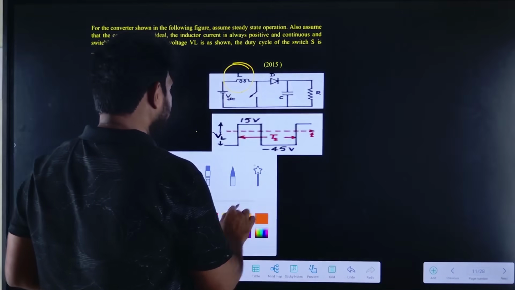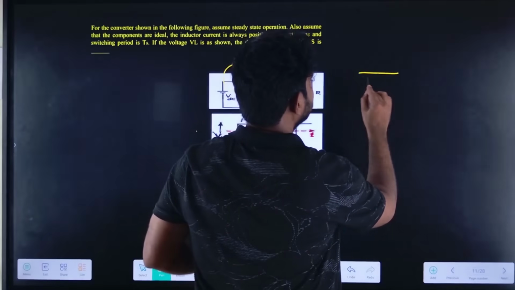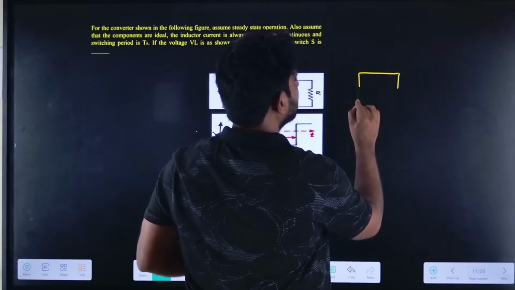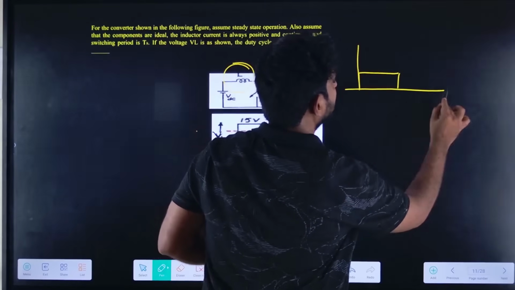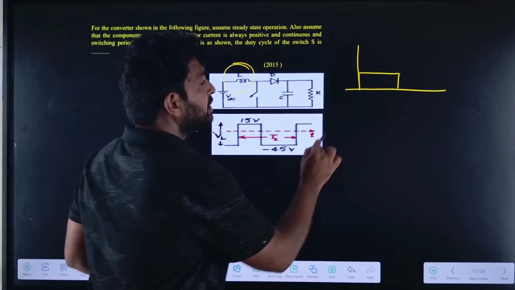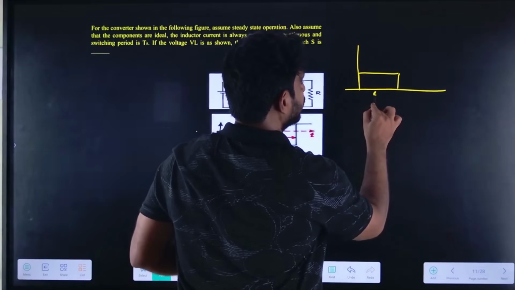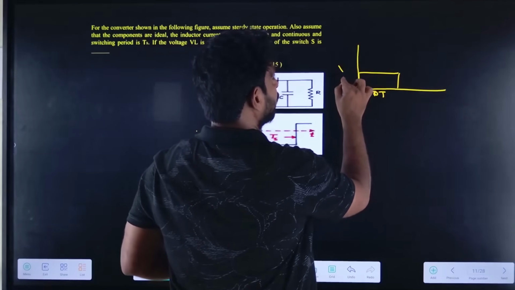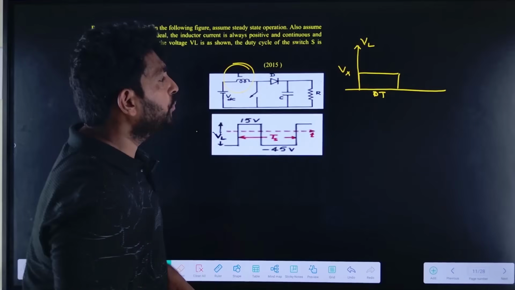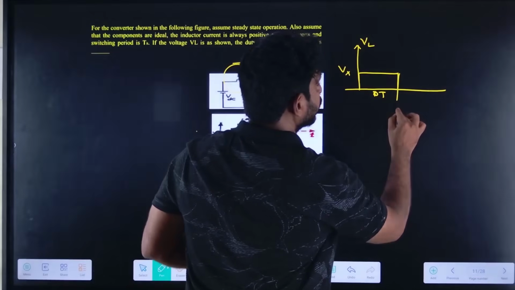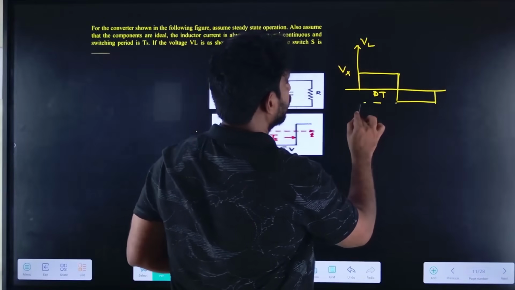From 0 to dT period, that is d into T period, VL is equal to Vs, and from dT to T period, it is equal to Vs minus V0.